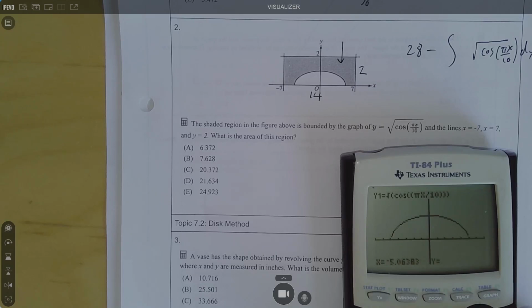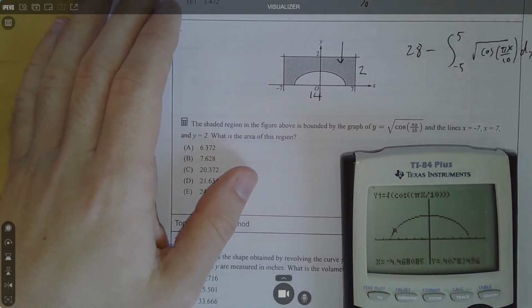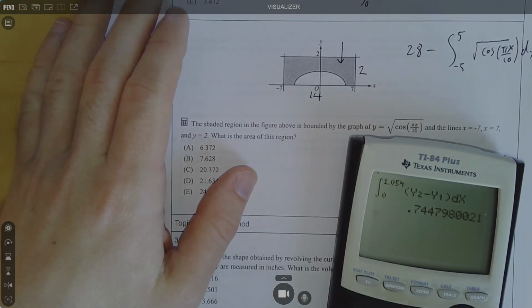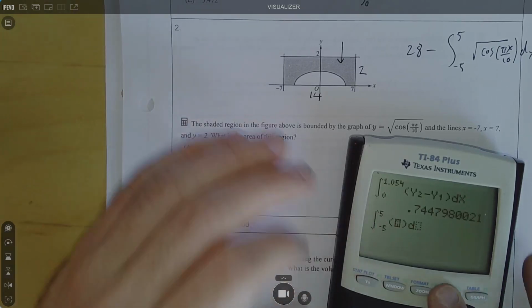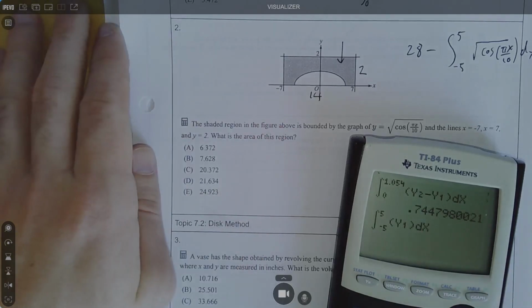So I want to integrate from -5 to 5. So let's do that. Math 9, -5 to 5 of y1 dx.